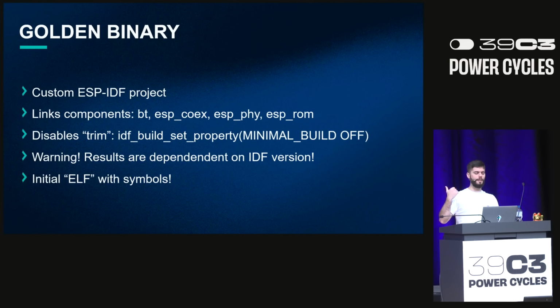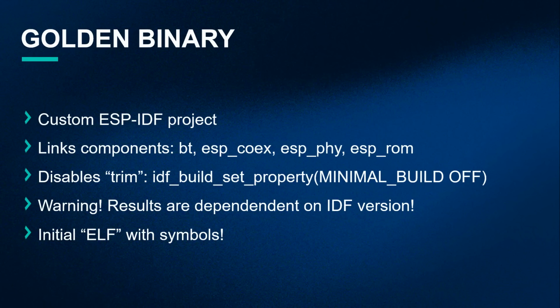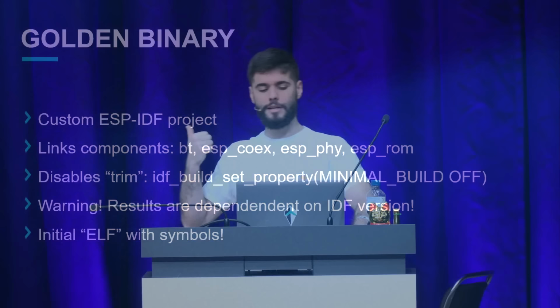But if we set this minimal build property to off, a standard ESP-IDF project will do the same for us and will take care of linking everything as it should be. So we have created this small ESP-IDF project that contains all the components that we are interested in, and it will generate a binary output file that contains all the symbols we need to reverse engineer.